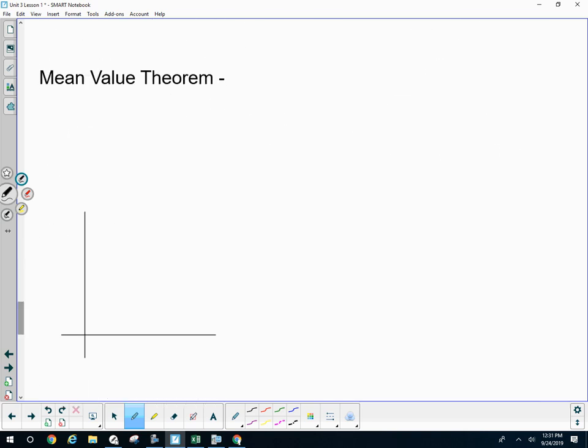The second half of this lesson is about the mean value theorem. The mean value theorem is like the second theorem of the entire class that we have to know. Now, before we talk about the mean value theorem, we should remember the intermediate value theorem, IVT.